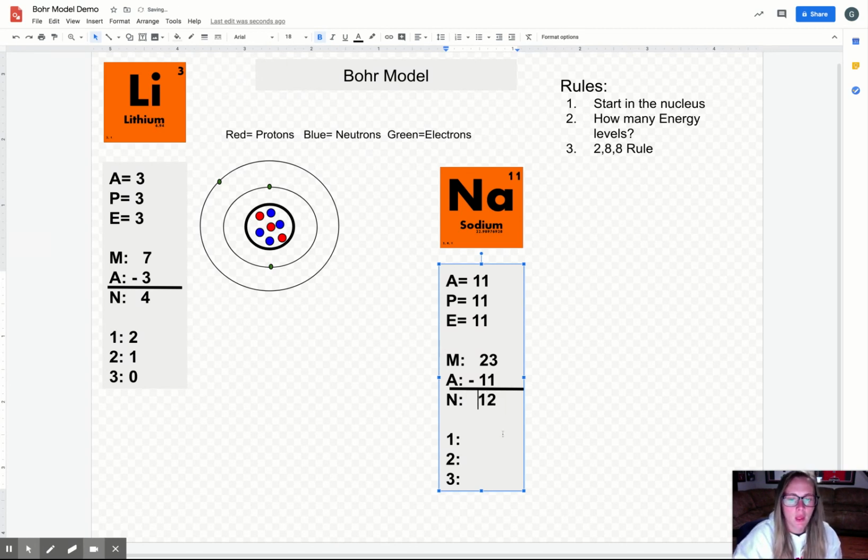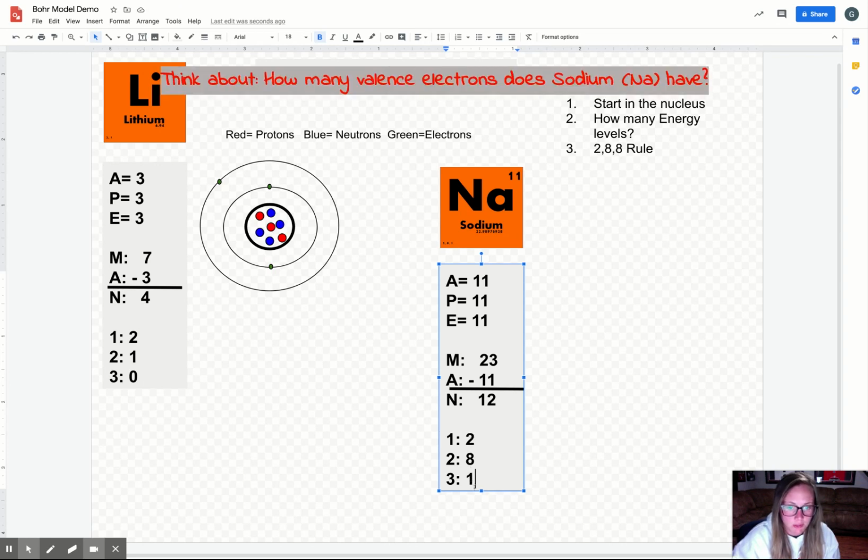Sodium is in group 1, period 3, so it's going to have all 3 energy levels. Its first energy level can't have more than 2. Its second energy level can't have more than 8, meaning there is 1 electron in the third energy level. If you add this up, you get 11. 8 plus 2 plus 1 is 11, which is the total number of electrons.